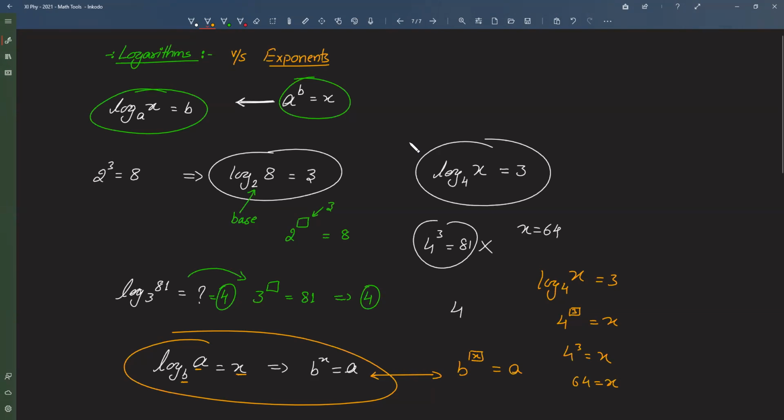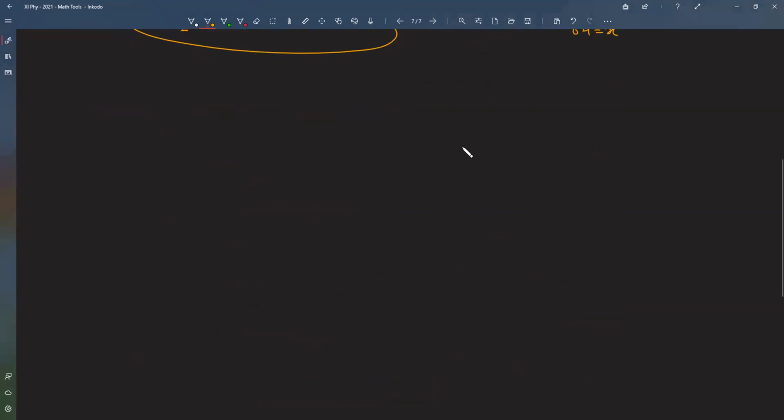As you can see, it is related with what? Exponents, right? So you should know what is 2 cube, what is 2 to the power 5, what is 4 to the power 3, what is 3 to the power 4, what is 7 square, what is 2 to the power 7, what is 3 to the power 3, things like that. And you can write that in terms of exponents, and then write the logarithmic form of that.